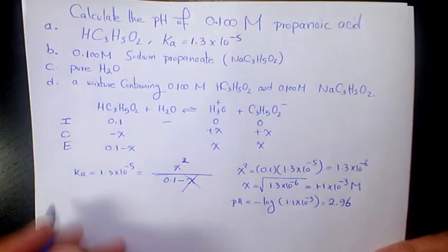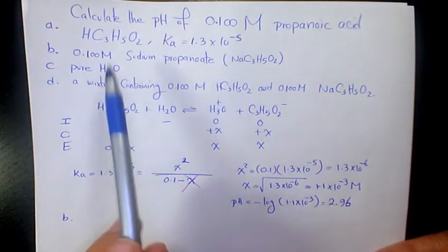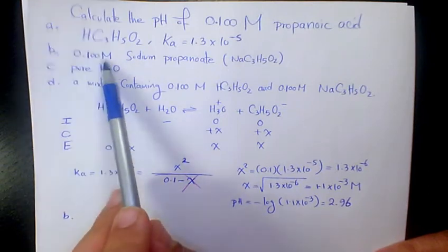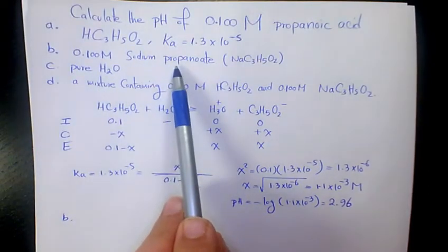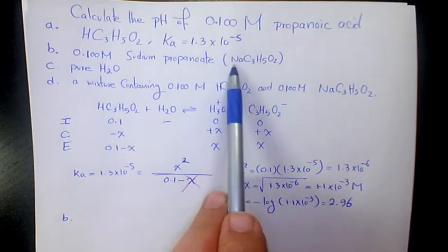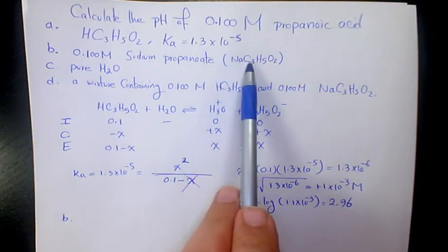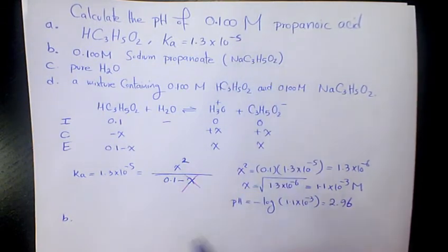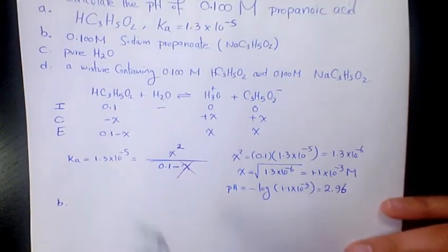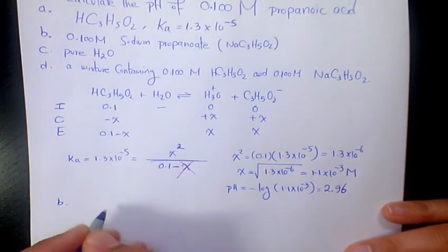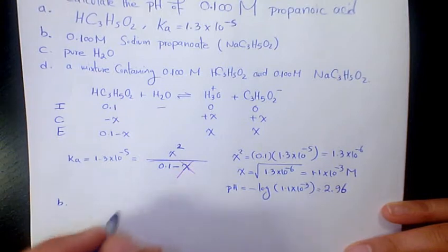Now part B. It says find out the pH of 0.1 molar sodium propanoate, which is an ester. So we have NaC3H5O2. So that's the weak base. That's dissociated.